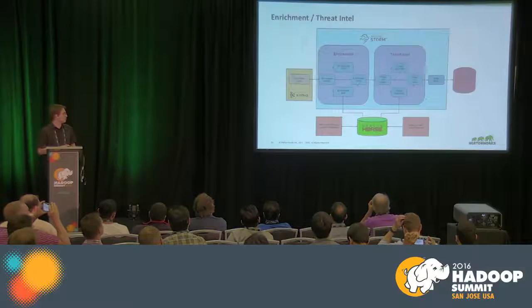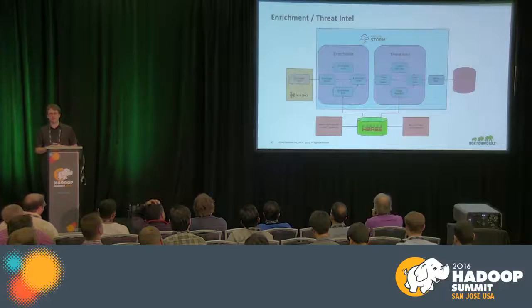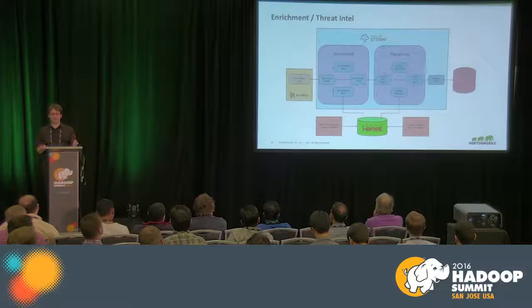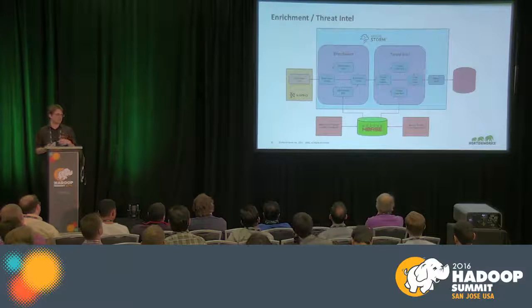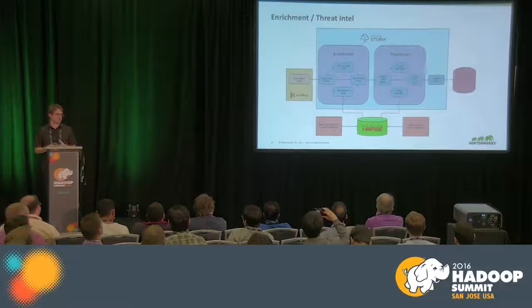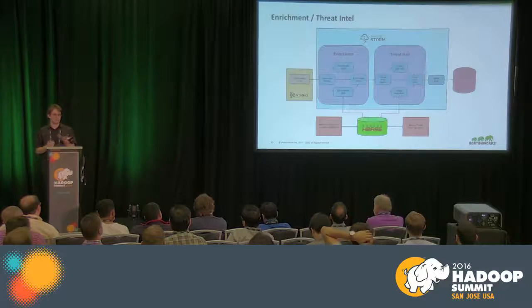Like we were saying before, we have an enrichment topic just sitting on Kafka. That will go to an enrichment splitter that will split out to different enrichment bolts, each doing their individual jobs. For each individual enrichment, it'll run the enrichment just for that piece. Eventually, these will do a streaming join back up with a joining bolt, and we will kick off to threat intel.